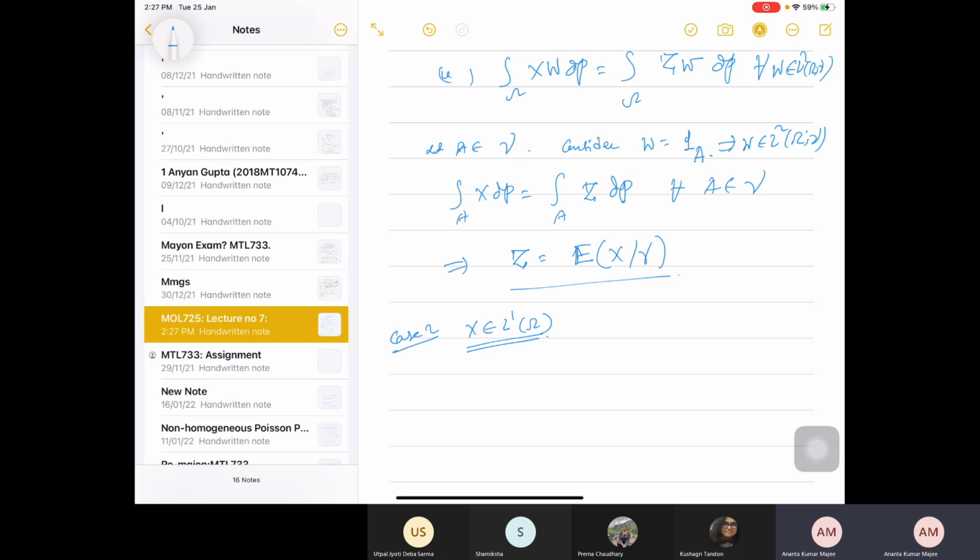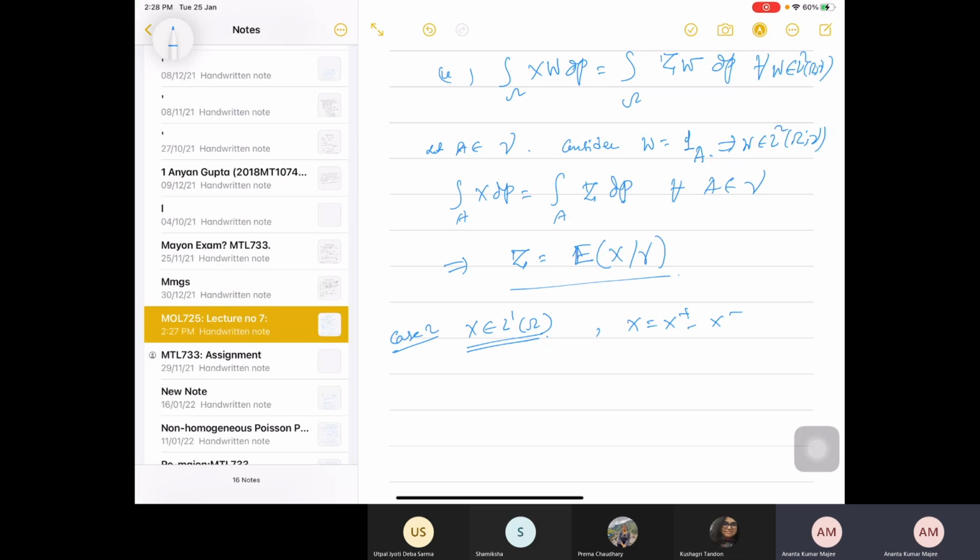Generally x can be written as x plus minus x minus, where x plus is the maximum of 0 and x, and x minus is the minimum of 0 and x. Both x plus and x minus are positive, and we know that the integral is linear and so on.